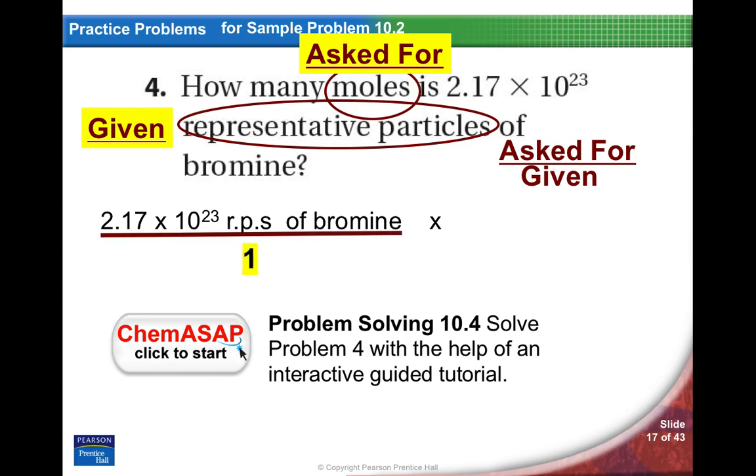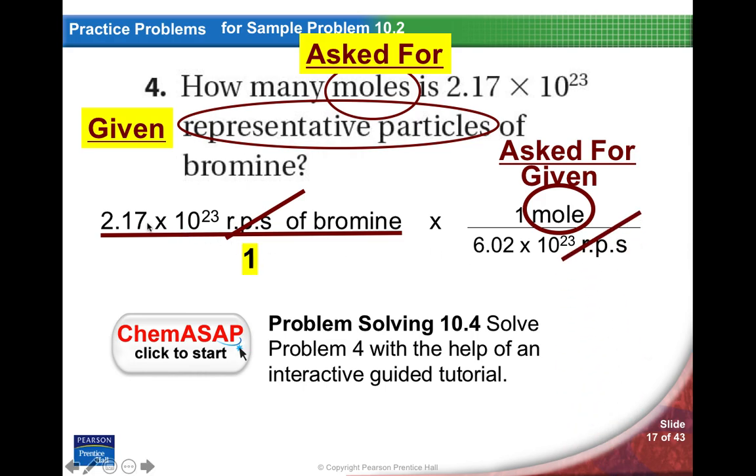Recall, of course, that this whole thing can be written over 1. It doesn't change anything. It just makes canceling units more obvious. 1 mole of anything, no matter what kind of particle it is, is 6.02 times 10 to the 23rd. So notice when we're going from particles to moles, we're dividing by 6.02 times 10 to the 23rd. Hopefully you got 0.361. I forgot to pause, sorry. And that really should be Br sub 2.